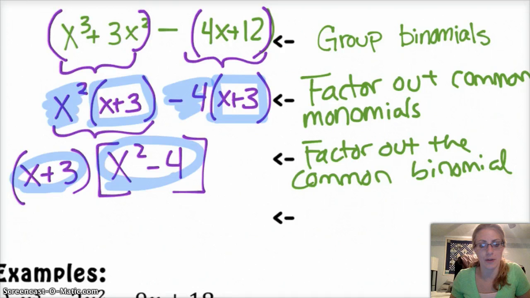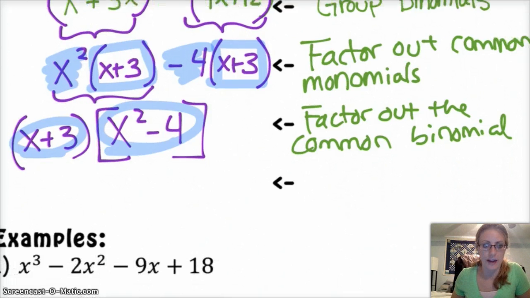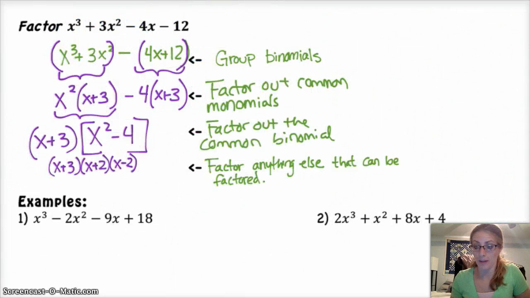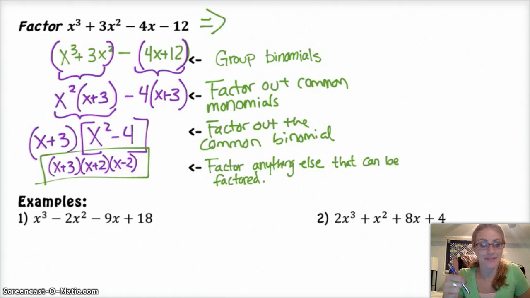In this case, x squared minus 4 is a difference of two perfect squares. So that actually factors to x plus 2 and x minus 2. So my final factored form is x plus 3 times x plus 2 times x minus 2. And that equals my original function. It's just in factored form instead of standard form.